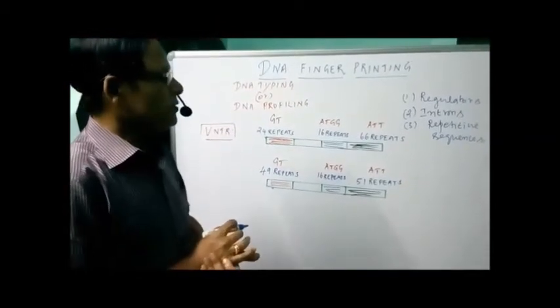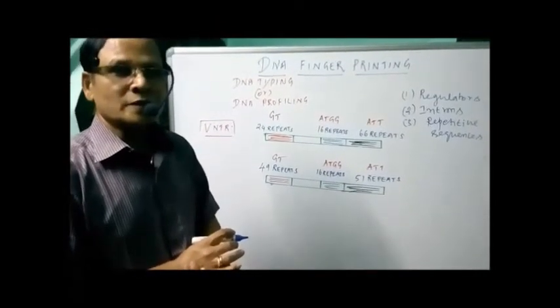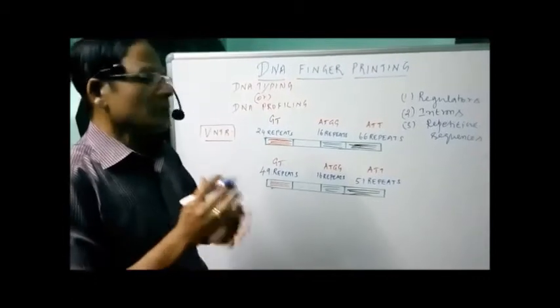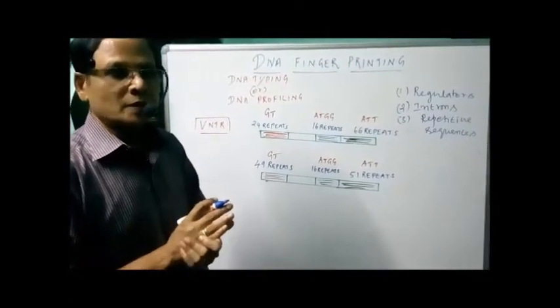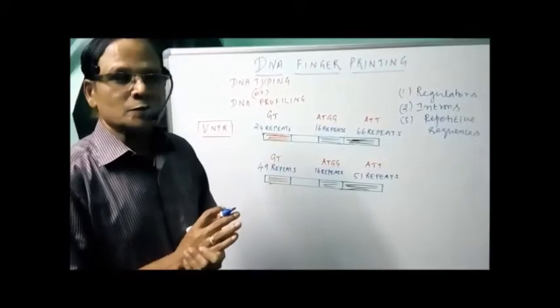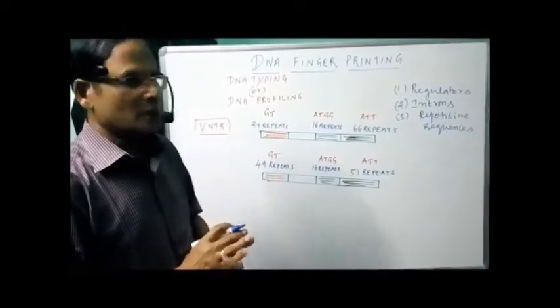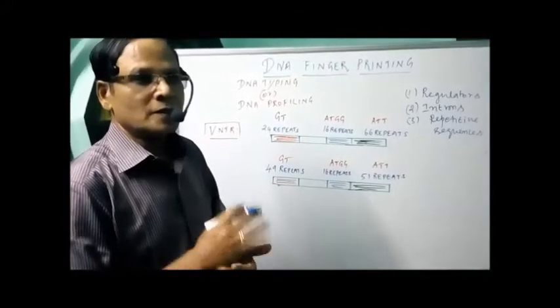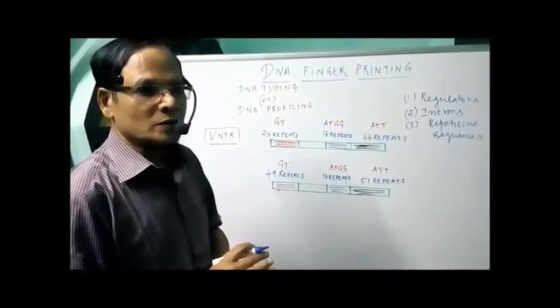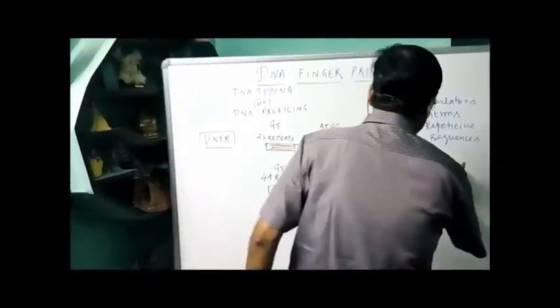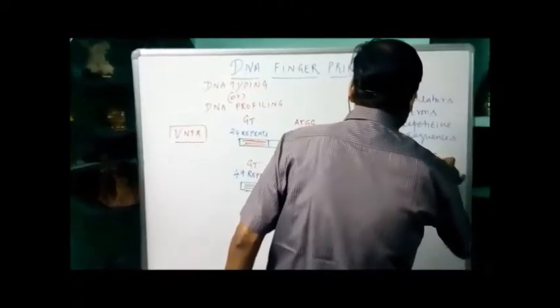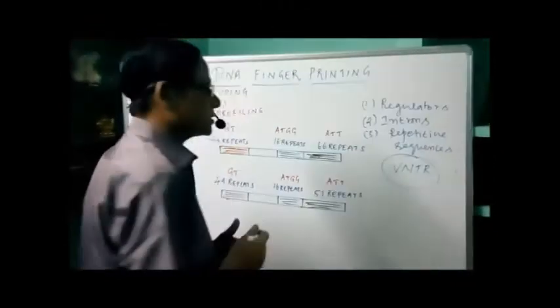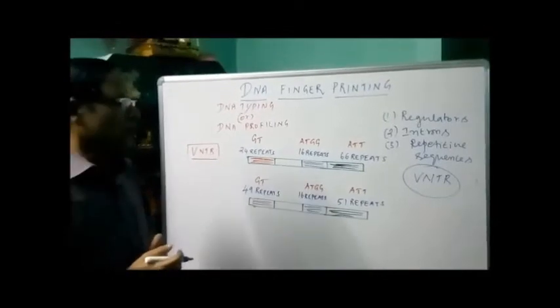These repetitive sequences are nothing but the repetitive DNA. For DNA fingerprinting, the repetitive DNA sequence is specific for a person. These repetitive DNA sequences are together called VNTR.